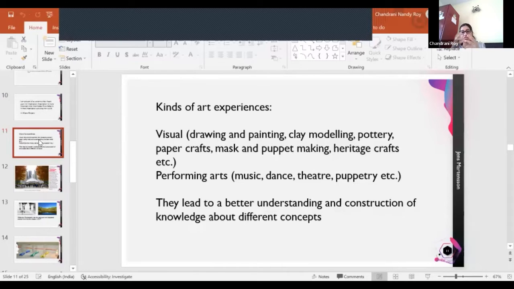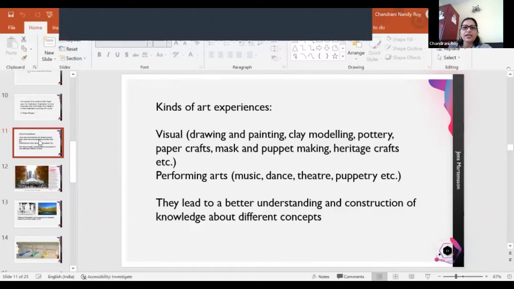If it is not clay, they can also have paper mache. Do you have an idea about paper mache, teachers? Where paper is soaked in water, and then you can apply glue to it and make it stronger, and then craft out items from it. So that can also be done.